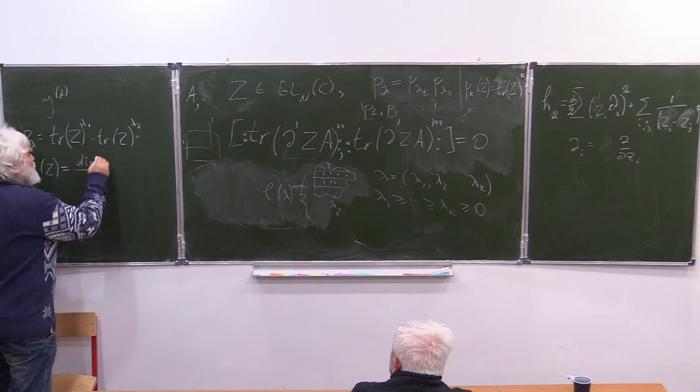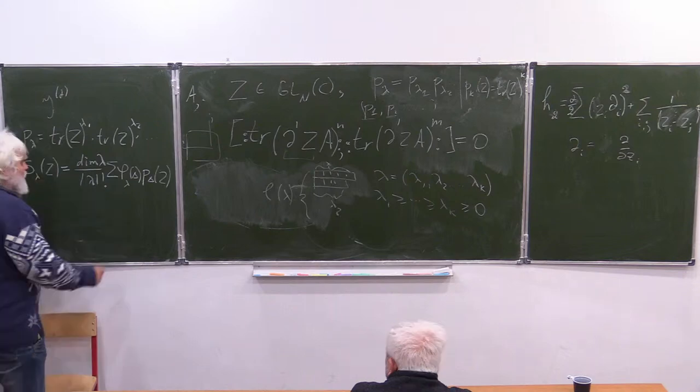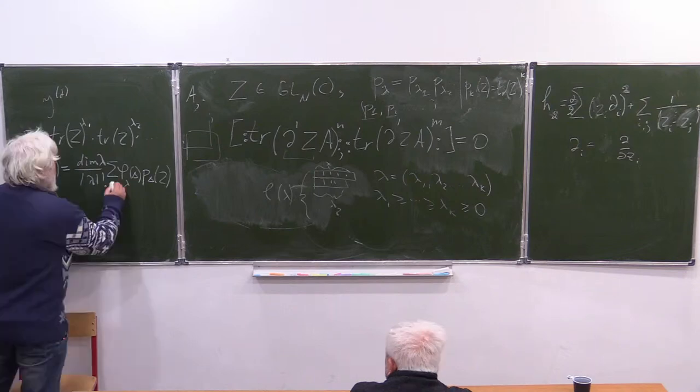These are two different bases in the space of symmetric functions, symmetric functions in the eigenvalues of these matrices. Delta and lambda are partitions of the same weight.